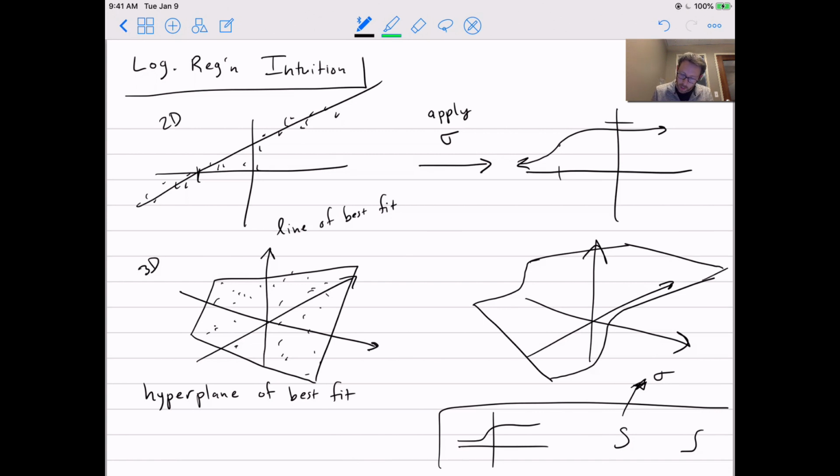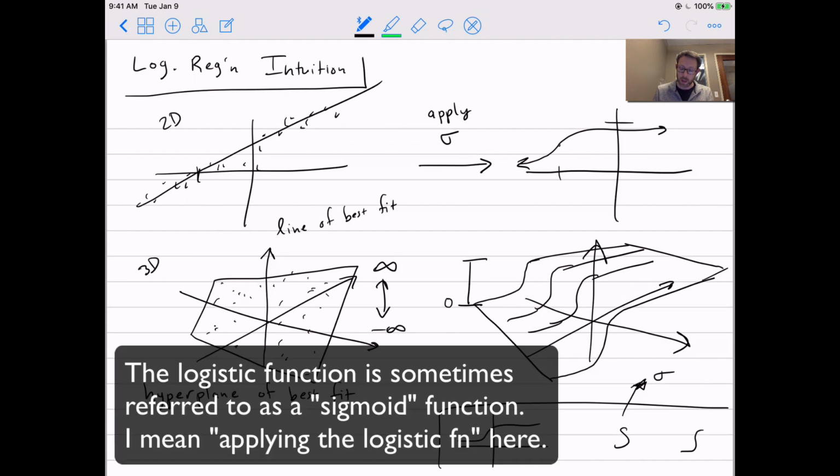So if you can imagine a waterfall here, this is all part of this surface. And the interesting thing is this previous hyperplane could go up to positive infinity or negative infinity in terms of its height values. But now, after applying the sigmoid function to it, it's in the range 0 to 1. So it's now bounded in terms of the height values.